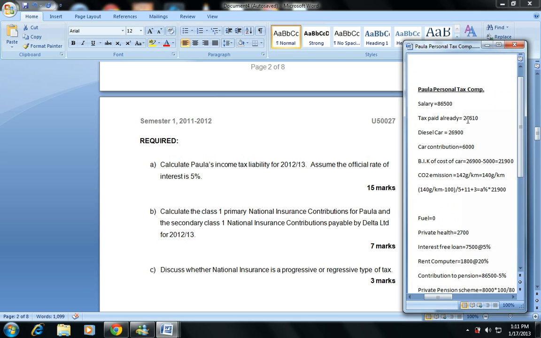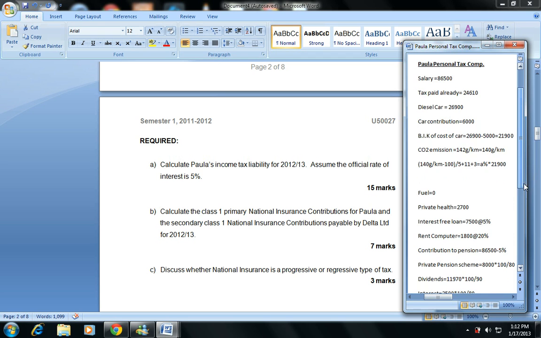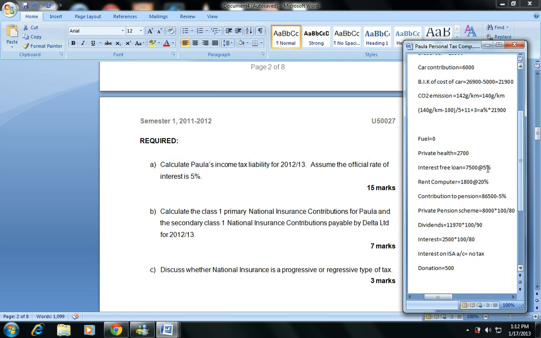Right, even though, let me stress on this, she actually paid tax already, we have to know other incomes that were allocated to Paula, then she has to pay income tax on all of them. So not only her salary that she has to pay tax on, she has to pay tax on benefit in kind received from the car she was bought. She has to pay tax on interest-free loan, dividends, and other stuff. So now we're going to the next stage.